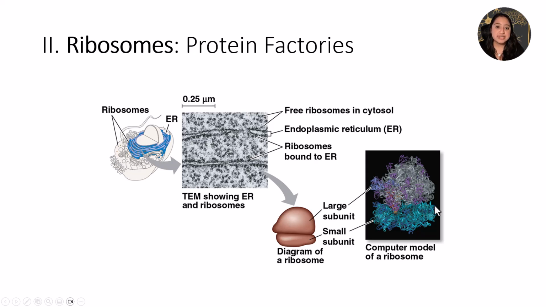Realistically, it's part RNA and part protein. And as we covered, proteins can be huge and have really complex structures. So here's a computer model of a ribosome and all the different layers and structures. And here's a TEM image of some free ribosomes in the cytosol, and then some that are bound to the endoplasmic reticulum.